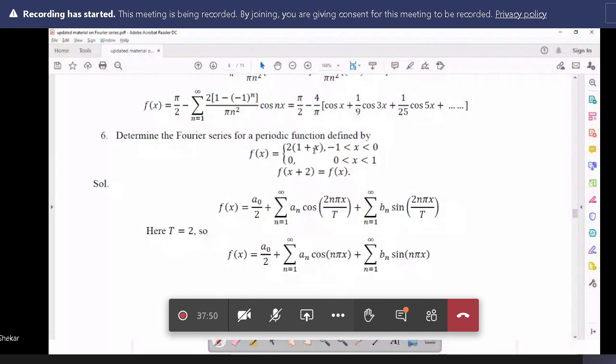f of x is equal to 2 times 1 plus x in the interval minus 1 to 0, and 0 in the interval 0 to 1.